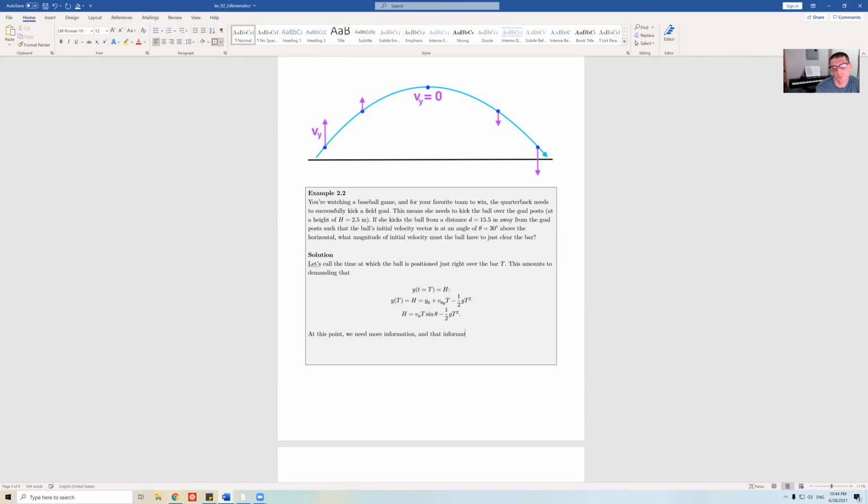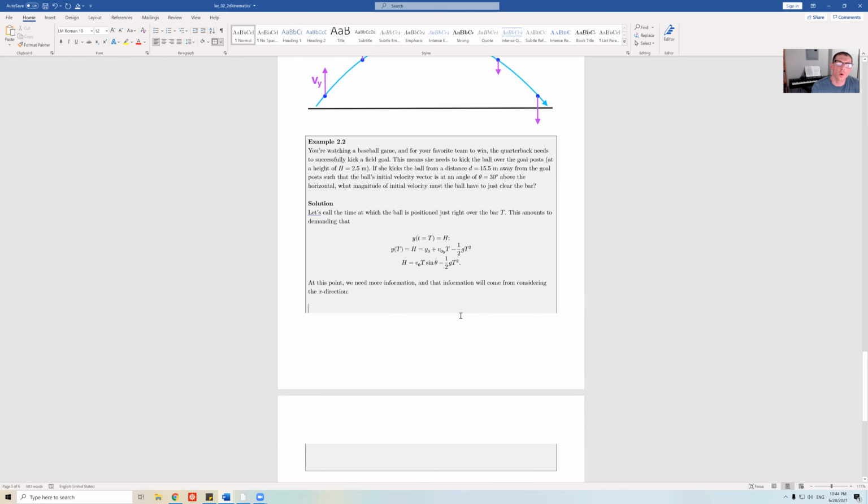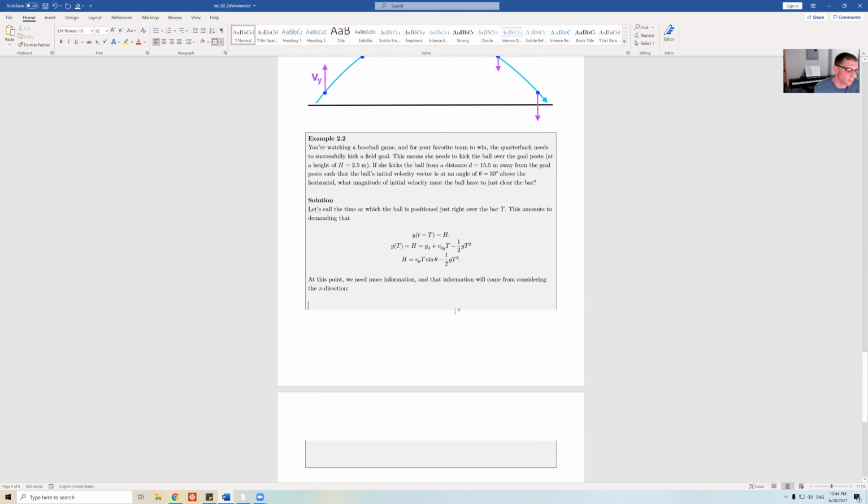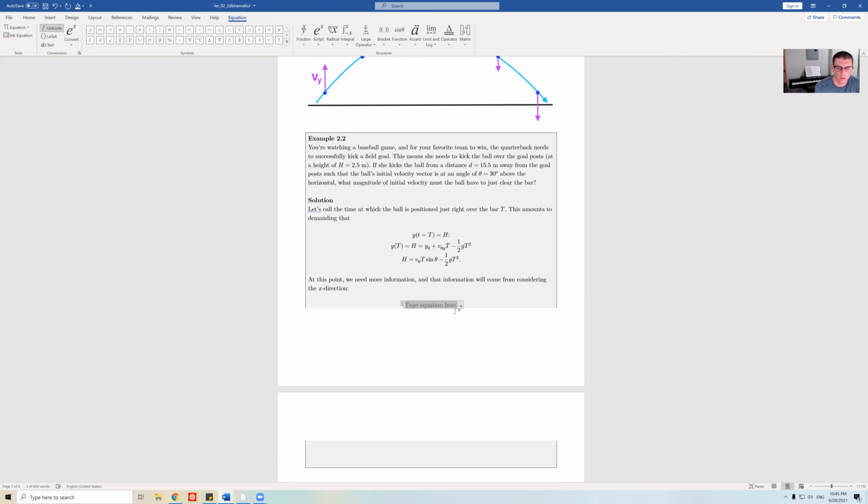That information will come from considering, I'll just say generally, the x direction. And so let's come up with an expression for the x position of the ball as a function of time, right? Well, let me write this symbolically first.